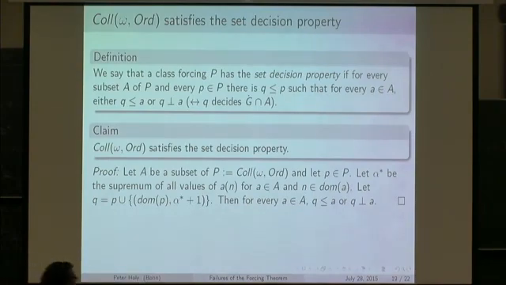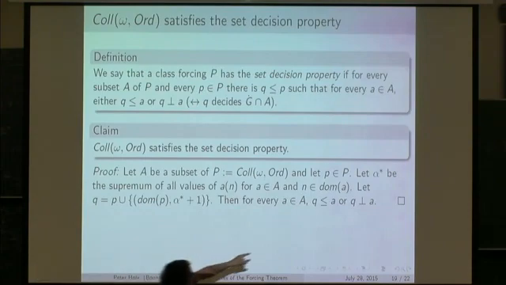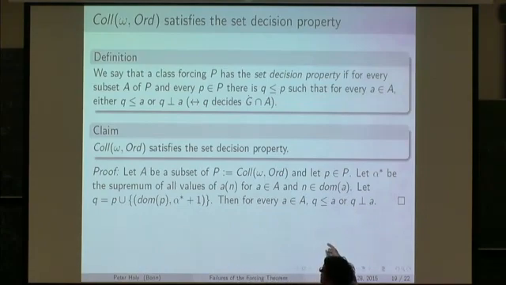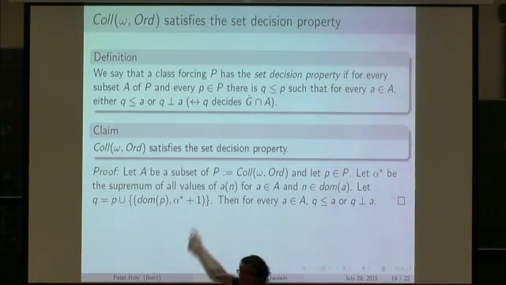And then it's very easy to see that if you take any condition in the set big A, either Q is stronger than A or Q is incompatible with A. That is because Q just has a component that is larger than anything that appears in A. So if you are in big A, you are either an initial segment of Q or you're incompatible with it, because if you're not an initial segment, you will definitely have a value here which is less than or equal to alpha star. And this is essentially just the basic argument that you could do for this collapse forcing in slightly more generality, really.